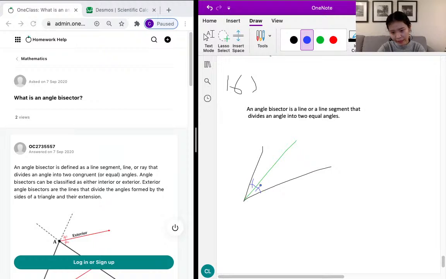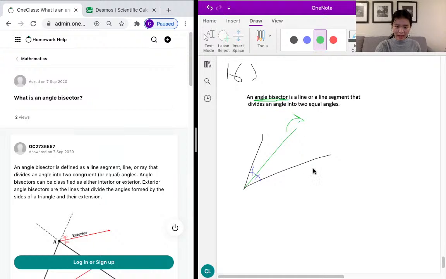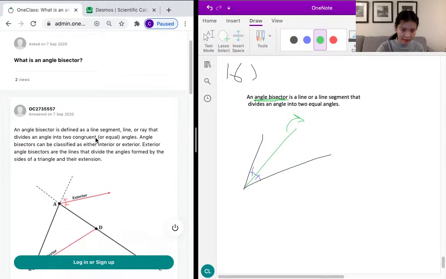At least to the naked eye, it's really equal. So in this case, this green line would be called an angle bisector, and that's what an angle bisector is.